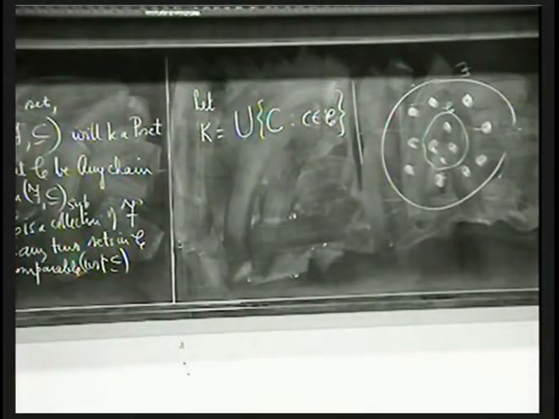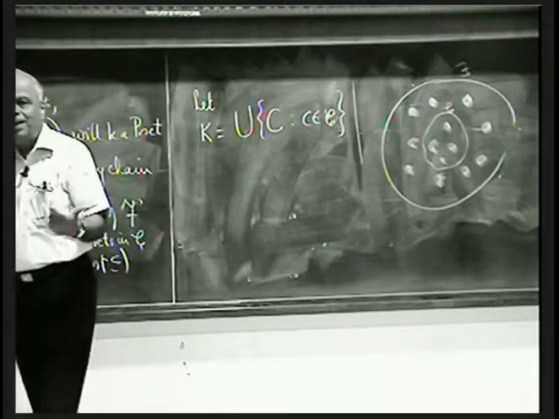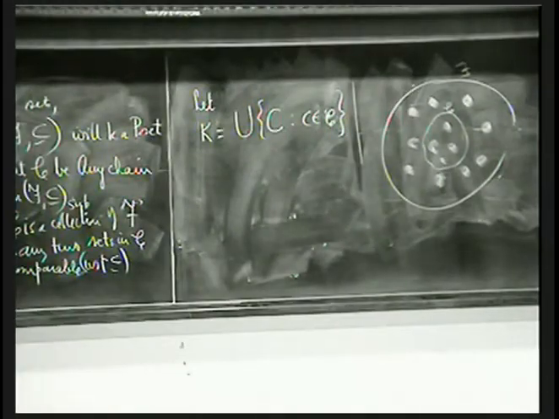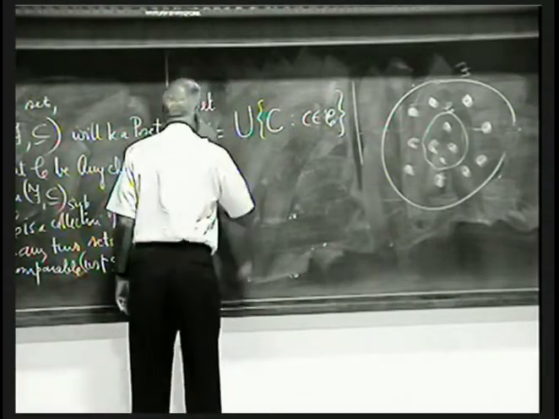So every member of F is a set and C is a sub-collection of F. So every member of C is also a set and I am going to take the union of all these member sets of C. So this is a set. Finally K is a set.